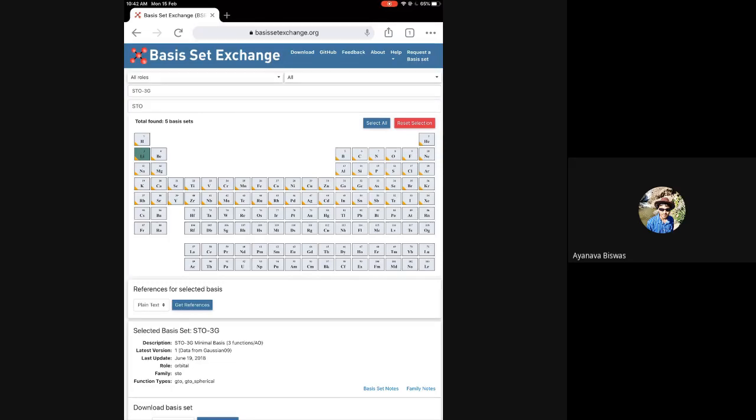But if you do higher levels of theory, let's say coupled cluster theory, where you calculate the electron correlation, then you have basis sets which are optimized to give you good results for the correlation. Can I type here?